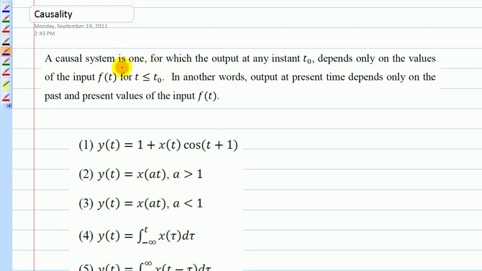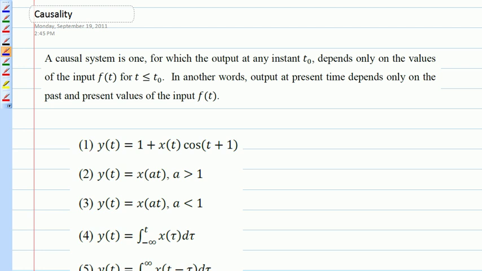Then that's a causal system, for any instant t minus t0. However, if you can provide any instant that shows the system output depends on future input, then the system is non-causal.